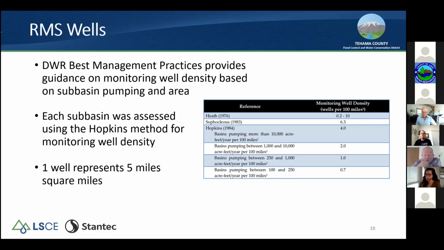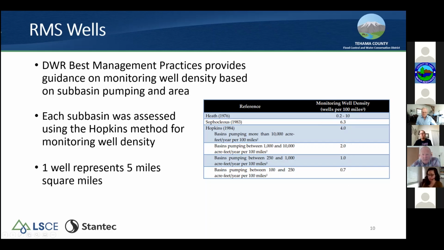If you look at this table, there are various estimates, but essentially this is how many wells per 100 square miles. Big Valley is about 30 square miles. So to get a sense, if you had a basin of 50 square miles, you could just take these numbers and cut them in half.